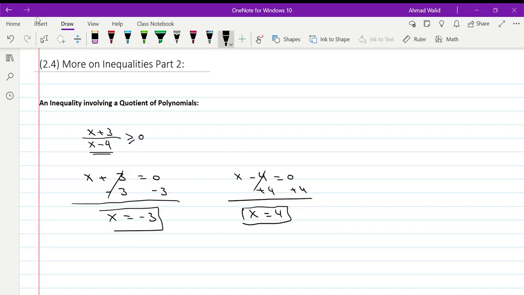Remember one thing. Every time you write your answer in interval notation, for the key number that comes from the denominator, you cannot use a bracket. Do not use a bracket for the denominator. Your denominator is x minus 4.